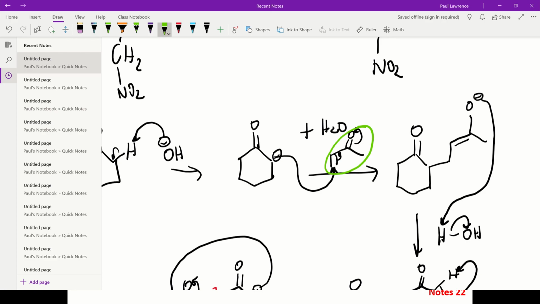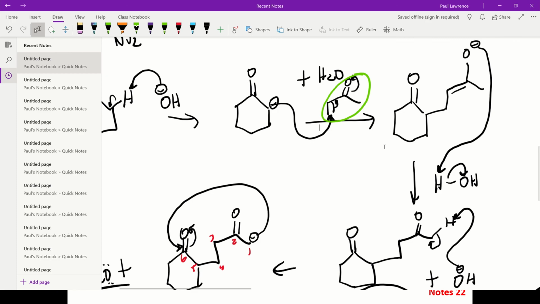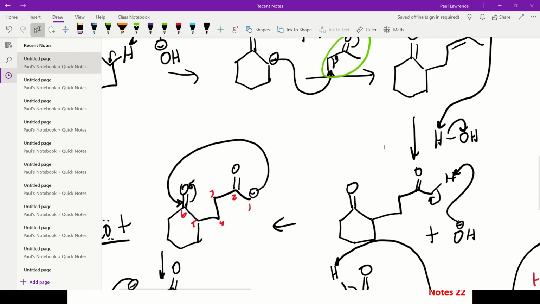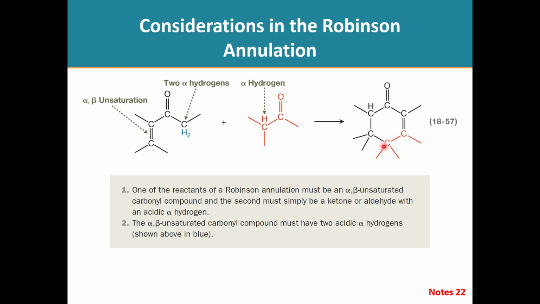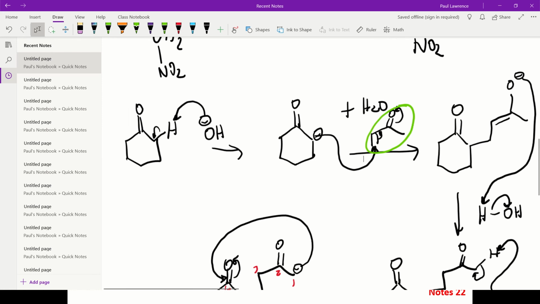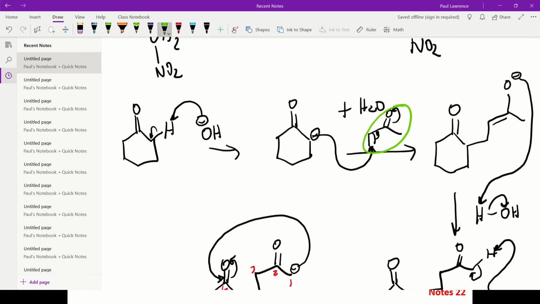So follow that piece throughout the whole mechanism and see why you need two hydrogens. Next is the ketone right here. Why does it need an alpha proton? If we go to the mechanism, we see right here, we need that ketone to form an enolate. So it needs an alpha proton in order for it to become an enolate. That makes sense.